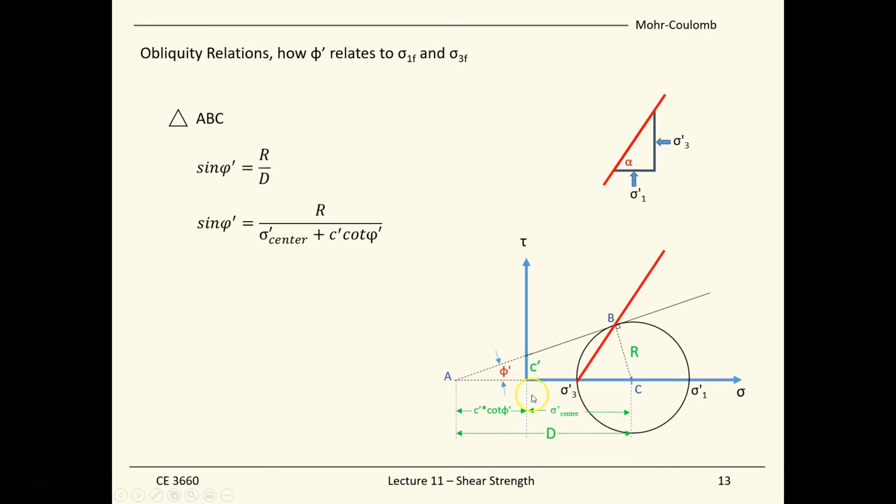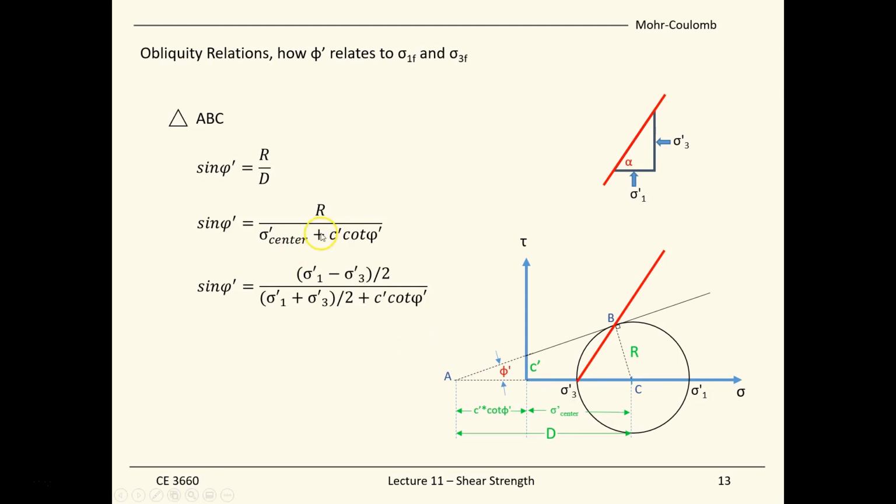It will be from the point A to the origin, which, if we look at this triangle right there, this part will be c times cotangent phi. So if you go home, try to work out this trigonometry, you will find out this part here is c times cotangent phi. And from the origin to the center, it represents the stress state. We now require sigma center.